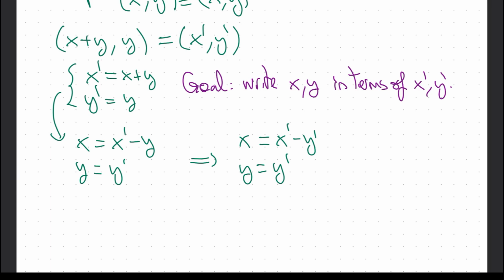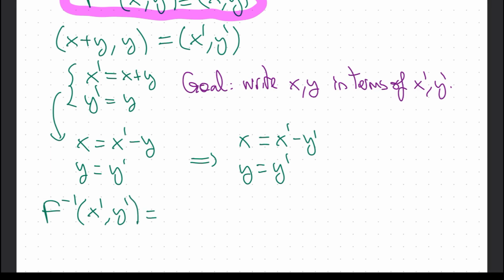So now we go back to this statement right here, and that allows us to say that f inverse of (x prime, y prime) is given by what we just calculated. That gives me (x prime minus y prime, y prime).